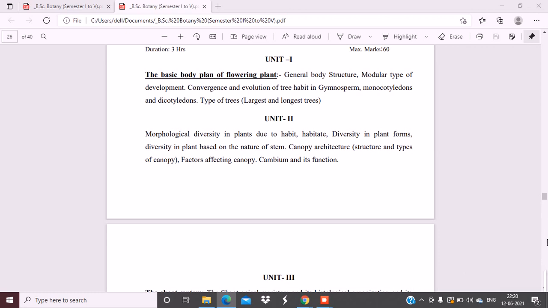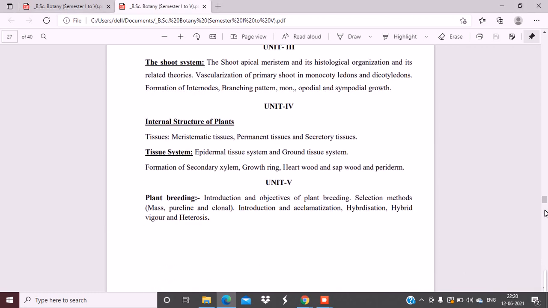Now Unit 3 is the shoot system: the shoot apical meristem and its histological organization and related theories, vascularization of the primary shoot in monocots and dicots, formation of internodes, branching pattern, monopodial and sympodial growth. All the topics you will get in Pradeep's Biology or Trueman's Biology.